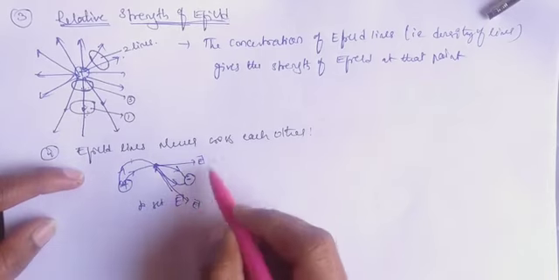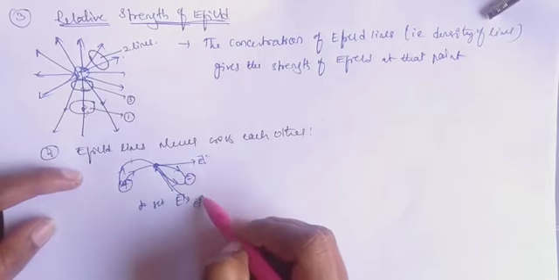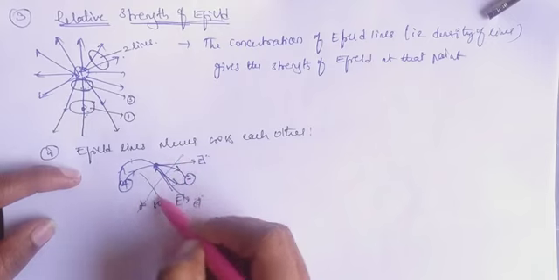So here we are getting two directions for the electric field, which is not possible.